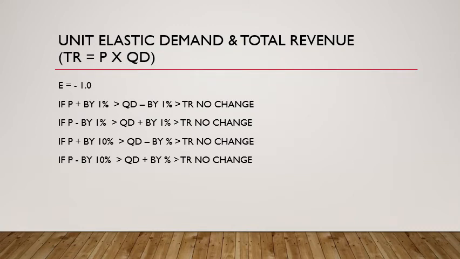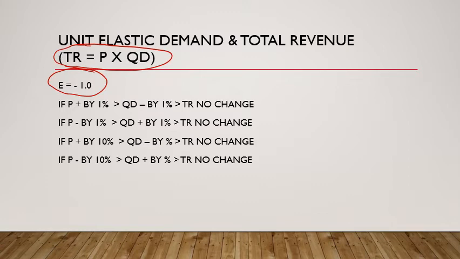Here we are linking unit elastic demand and total revenue. Again, what is total revenue? It's price times quantity demanded. So, interpretation of this price elasticity of demand coefficient, which is equal to negative 1.0.